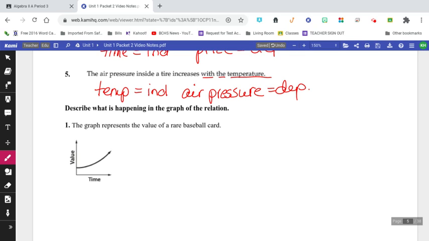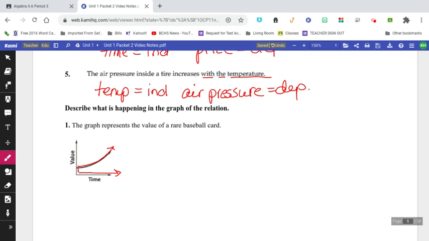Our last problem, the graph, says, describe what is happening in the graph of the relation. The graph represents the value of a rare baseball card. So what seems to be happening? Well, as time is getting larger, right, that would be here, what's happening to the value of the card?